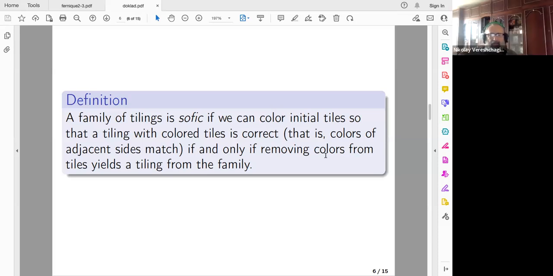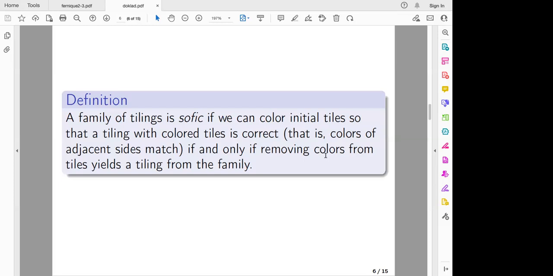But what is written exactly is not good, because normally if you have an incorrect colored tiling, you can also get a tiling from the family by removing colors. If you change the colors and get an incorrect colored tiling, the local rules are not true, but removing colors we still get a tiling from the family. So you should not say it like this.